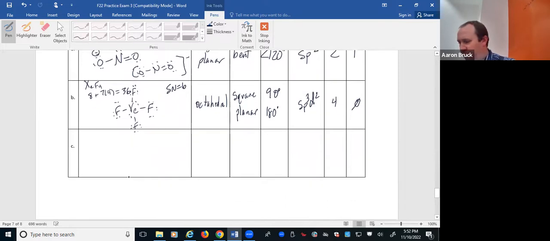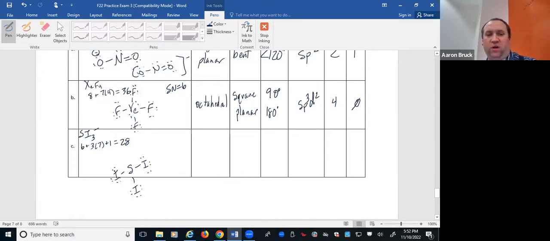All right, SI3 negative. 6 for the sulfur, 7 for each iodine, and an additional 1 makes 28. Once I've covered all of the iodine octets, that's 24.